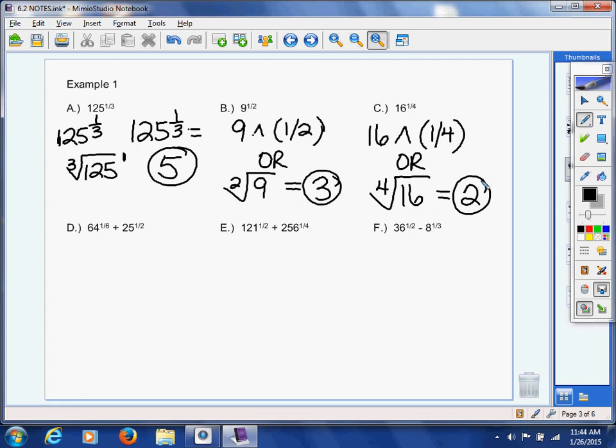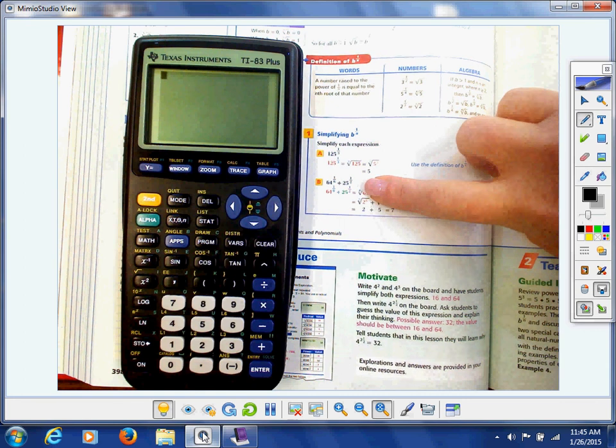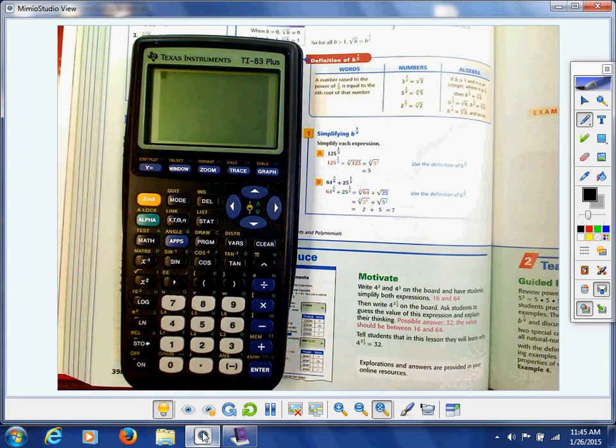Now what I want to do is look at letter D here on our notes, and I want to go back to camera mode, and show you how to put that into your calculator. So let's clear out that information. I'm actually in letter B in your book, but I wrote it as letter D on your notes, so it doesn't matter. And this is how you'd write it all in one sentence, okay?